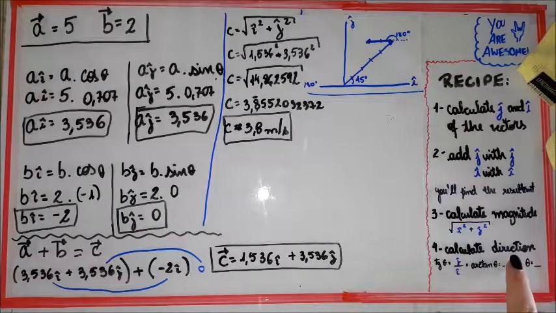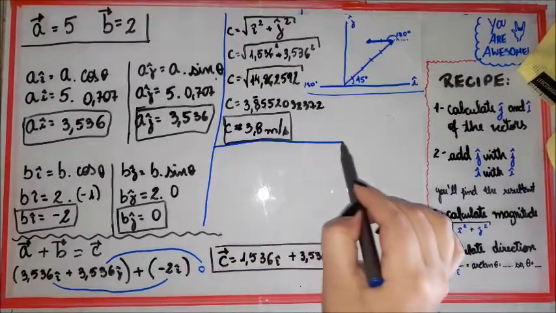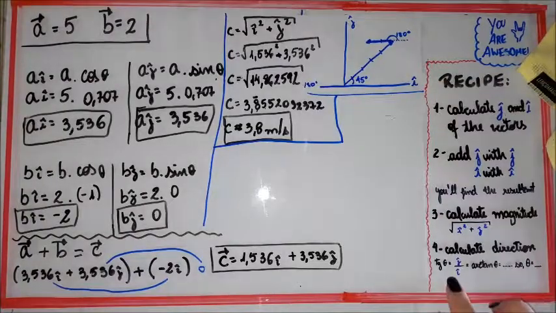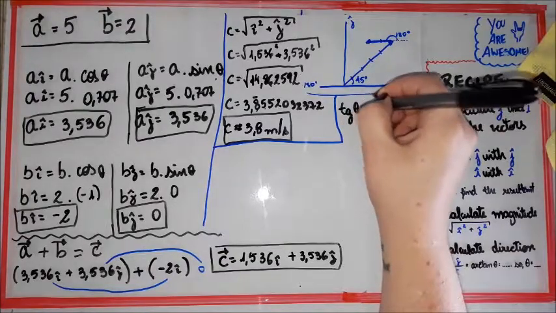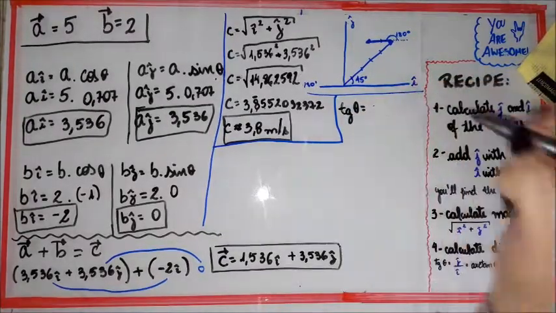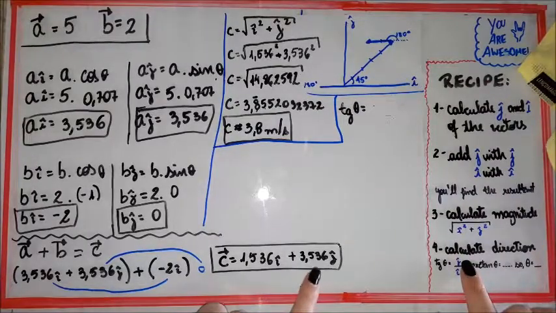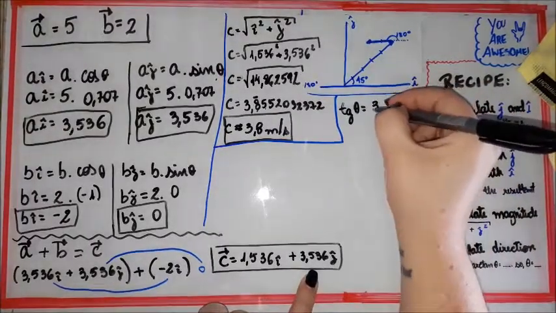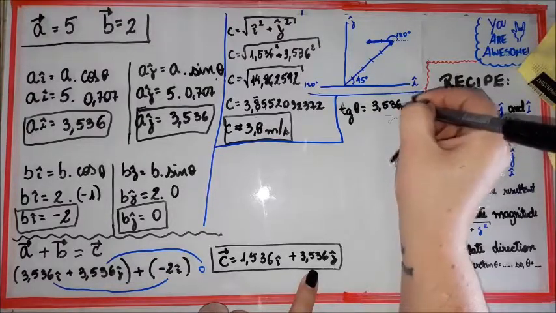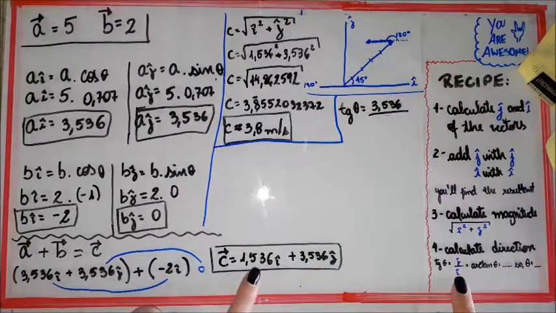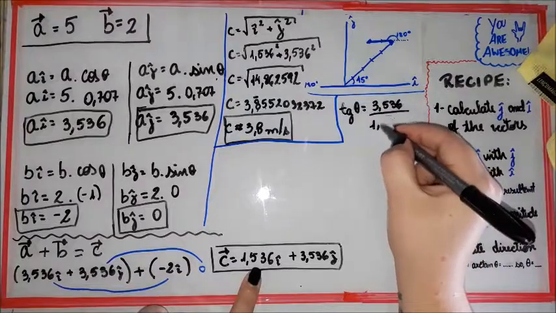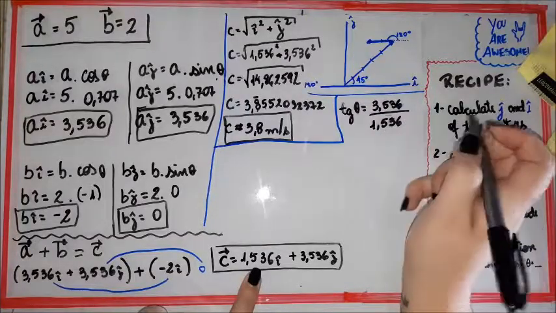Now let's calculate the direction. Remember, it's a vector. It has magnitude and also direction. Let's use this formula here. Which one is my j? J hat is here. Which one is the i hat? This one. Okay.